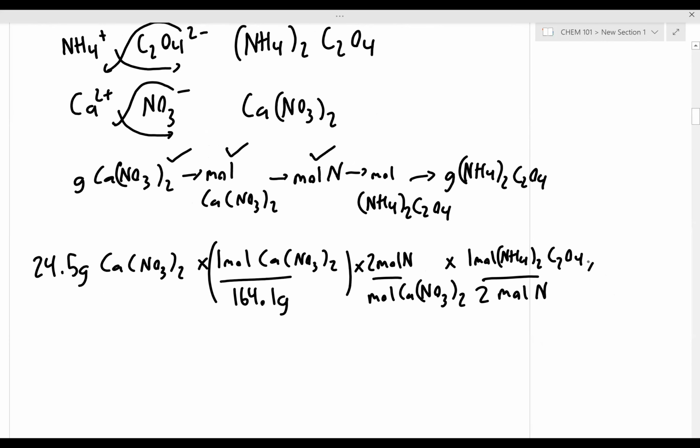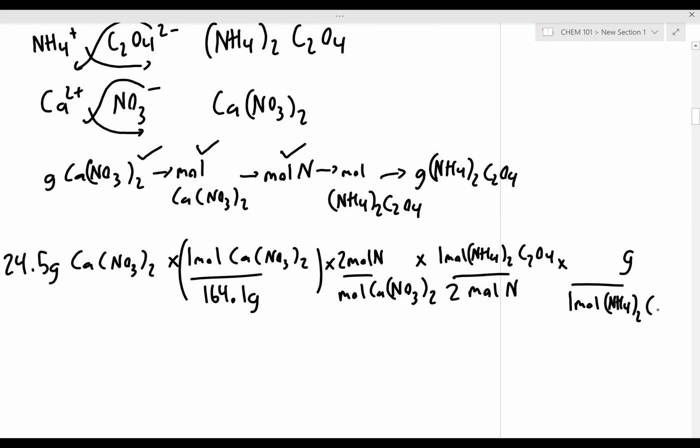And then finally, how many grams do we have in 1 mole of ammonium oxalate? 124.12. Perfect.